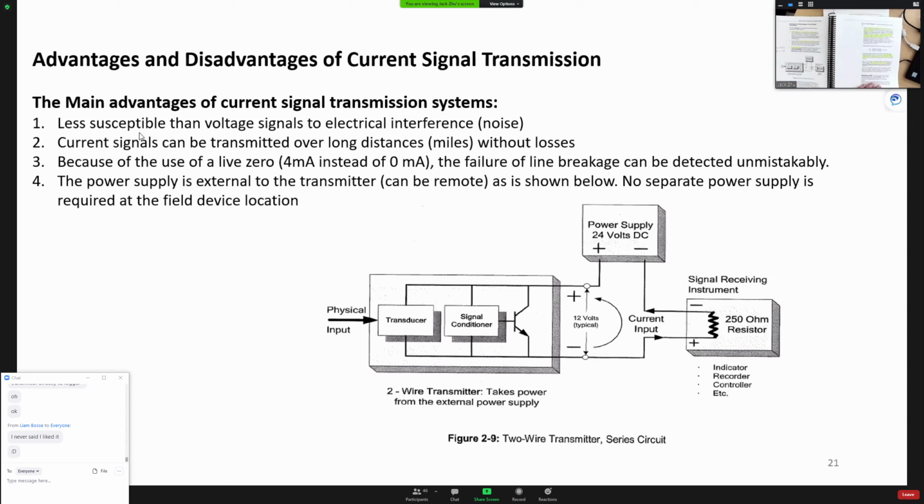The current signal is less susceptible than the voltage signal to electrical interference or noise. Because if you have electrical interference on the wire, the wire usually has a resistance, and the interference will cause a voltage on the wire resistance.